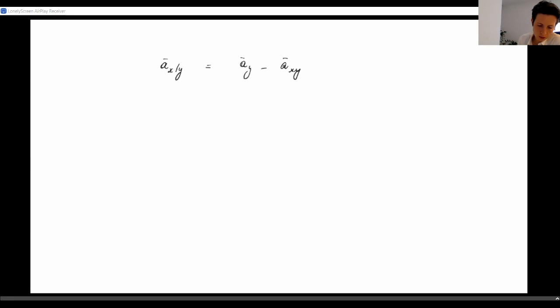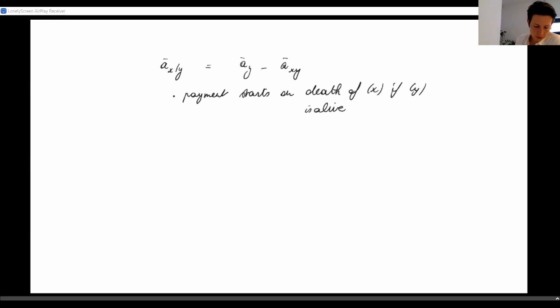So in this case, payment starts on the death of X, if Y is alive at that time. That's what the left-hand side is going to take care of. And then my claim is that that is equal to the difference between the EPVs of these two products.